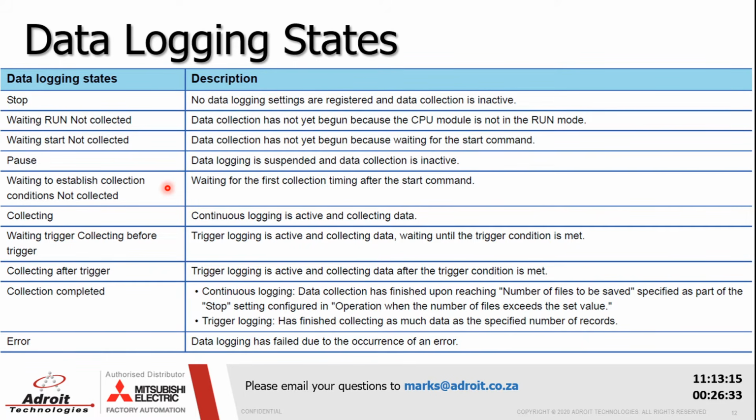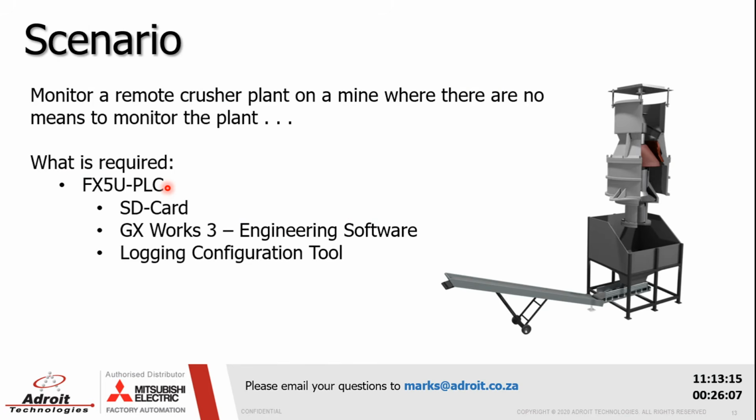So then collection completed: for continuous logging, data collection has finished upon the number of files that it wants to save, and the stop has been configured in operation mode. For trigger logging, it has finished logging the specified number of records. Error, that's when data logging has failed due to the occurrence of an error. Okay. Alright, so that was a basic look at that.